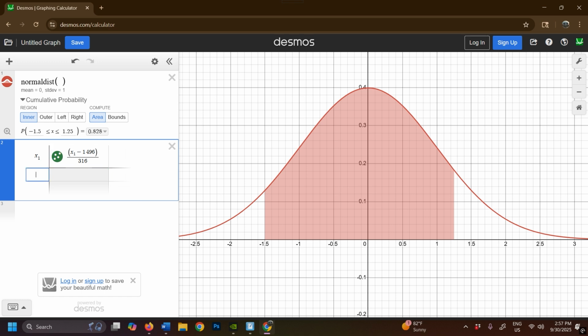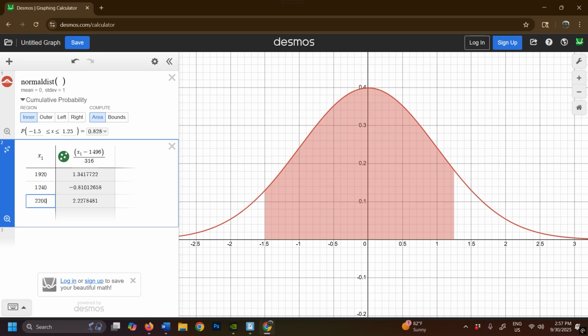And now I'm just going to type in those four SAT scores that they asked us to find: 1920, 1240, 2200, and 1390. And so we can see here are our four z-scores. The way that we read that, remember, is that 1920 is 1.34 standard deviations away from the mean value.